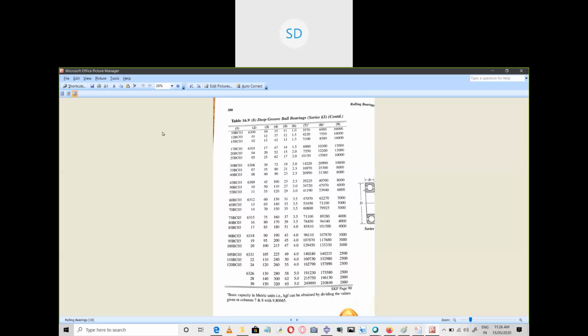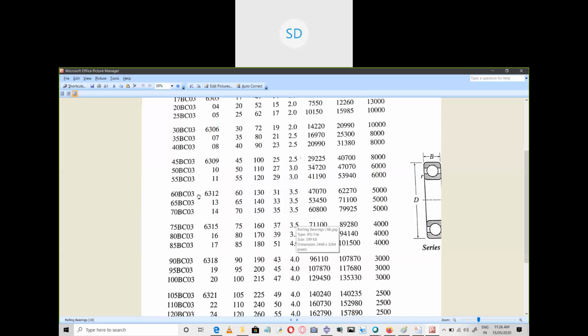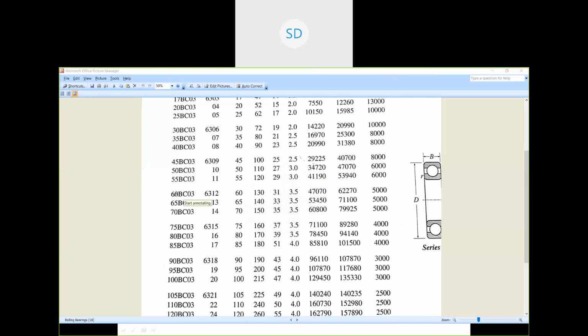Now just note down static load. We'll go for 45 BC03.